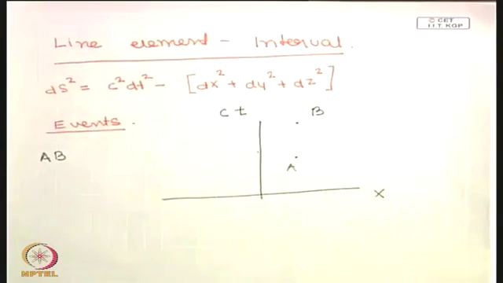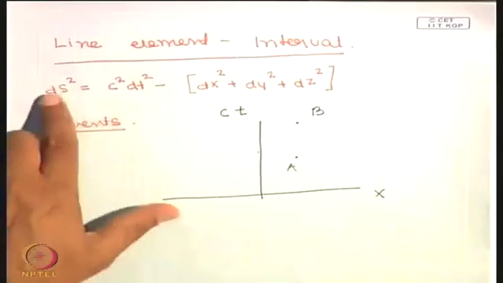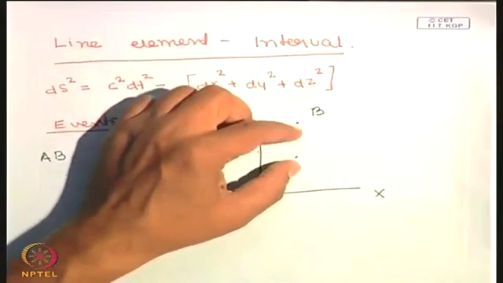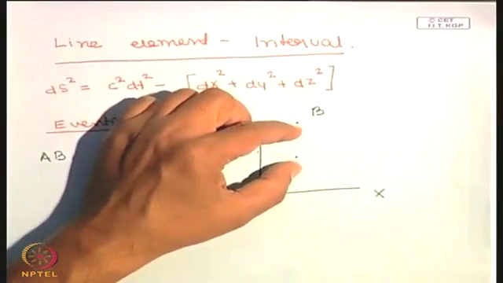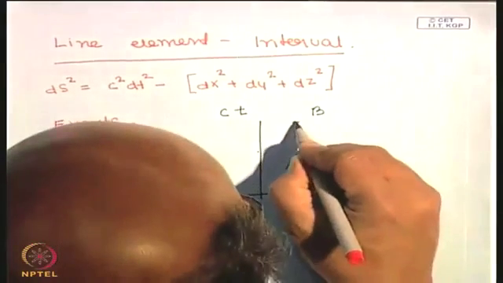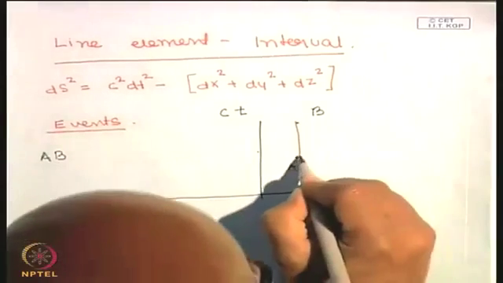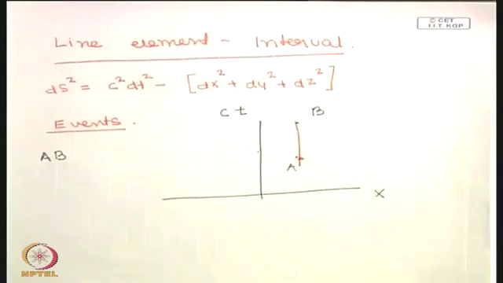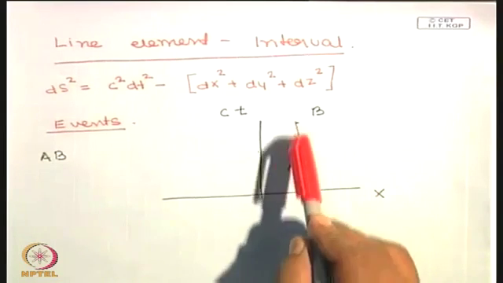The way you calculate the interval is you evaluate this expression for these two events. Now, you see for these two events they are not separated in space, in position, they are only separated in time.